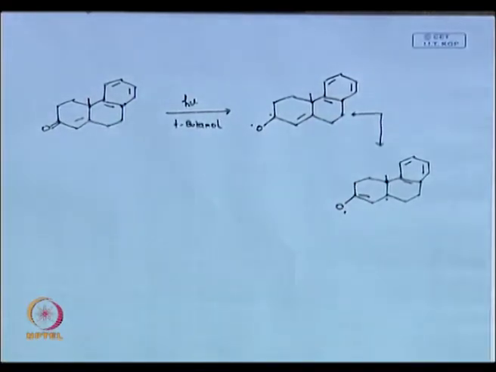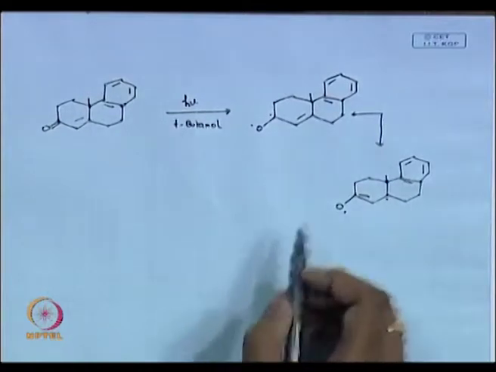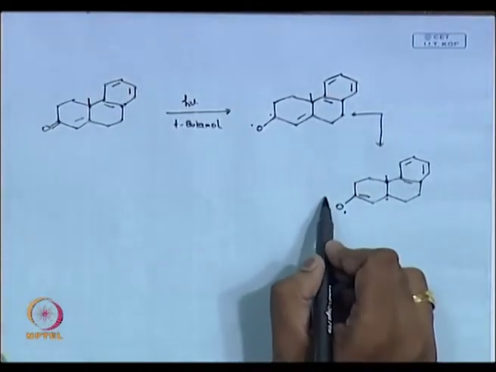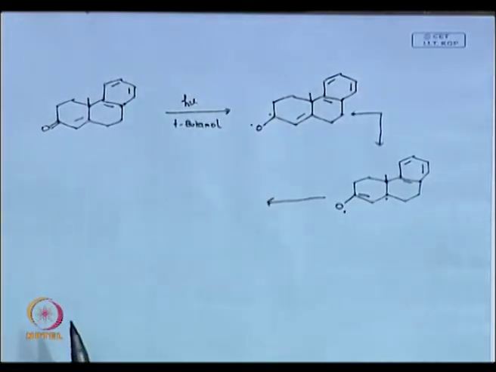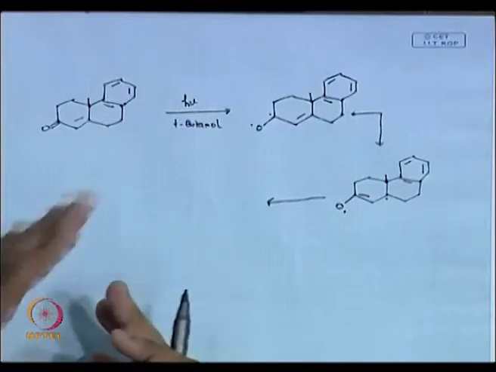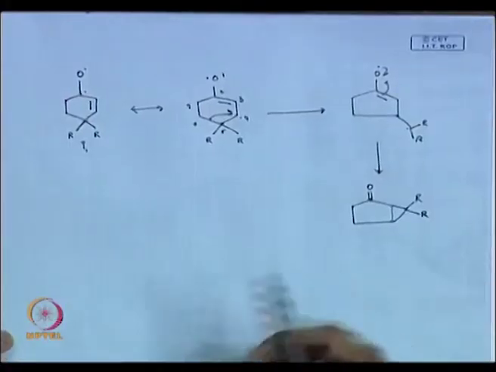Now what happens after this? What do you expect? It's the same analogy, because you have tried with the cyclohexanone system, a single-membered cyclohexanone. Now I am just using this. What happened in that system?